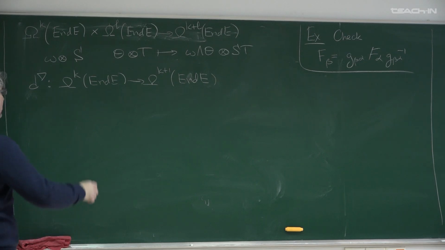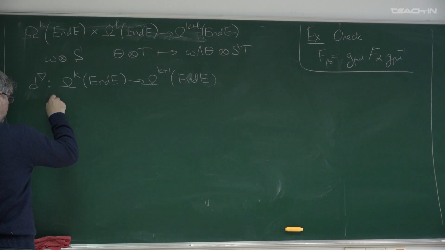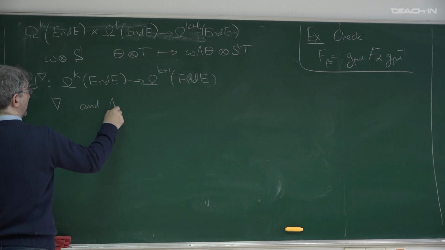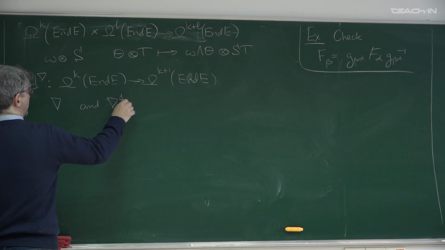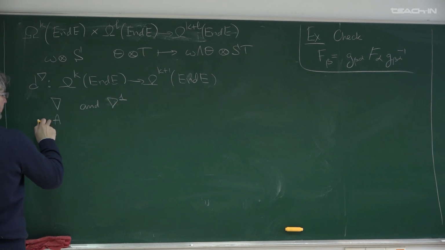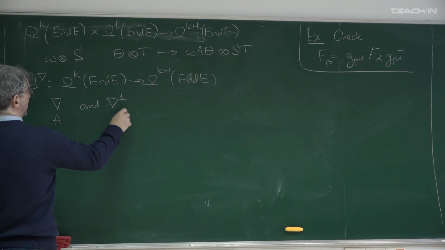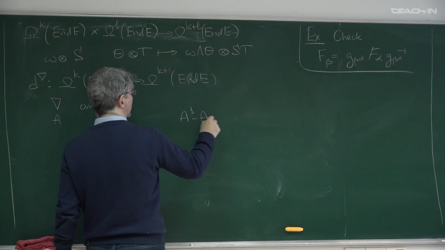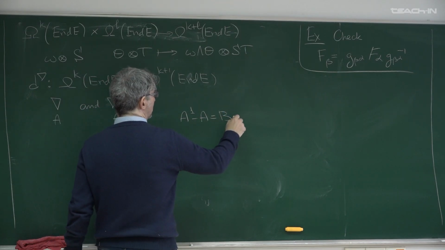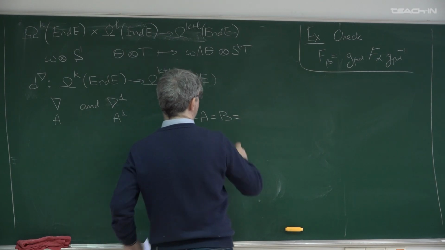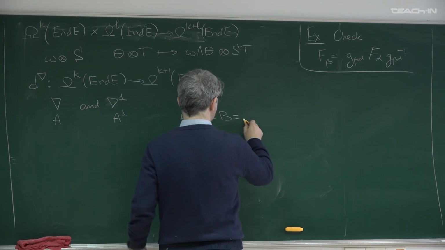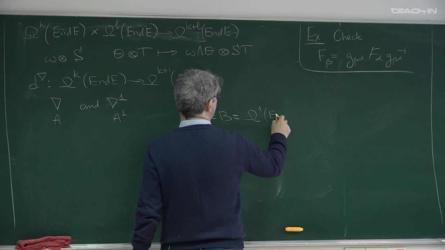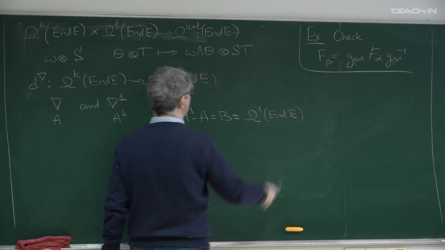So assume we have a couple of connections, nabla and nabla 1. This has connection form A, this one has connection form A1. The difference between them, A1 minus A, is a one-form with values in endomorphisms of the vector bundle E.